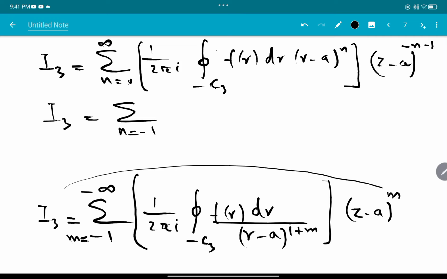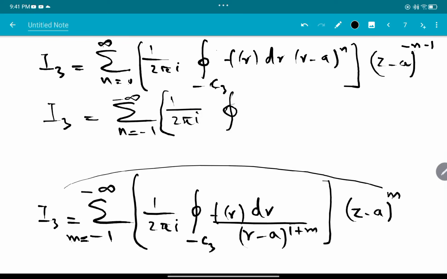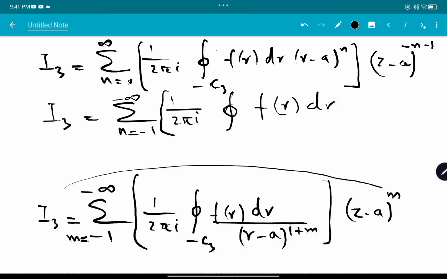The sum from m equals minus 1 to minus infinity, and then I have 1 by 2 pi i, the integral of f(gamma) d gamma, divided by (gamma minus a) raised to 1 plus m. 1 plus m is 1 plus n, or n plus 1.